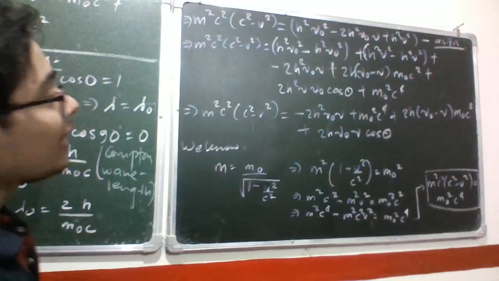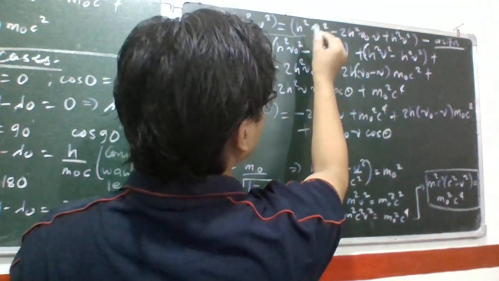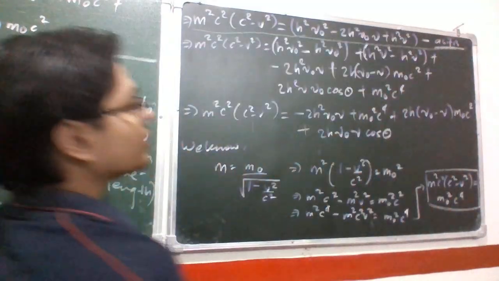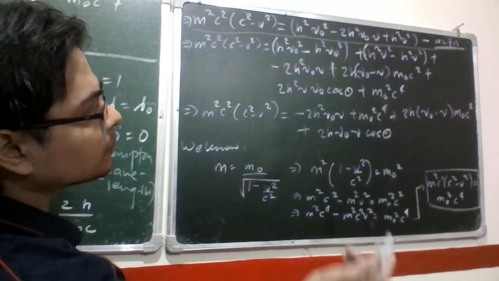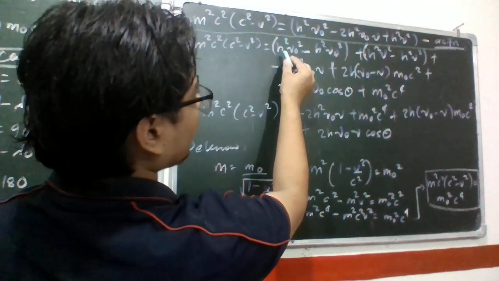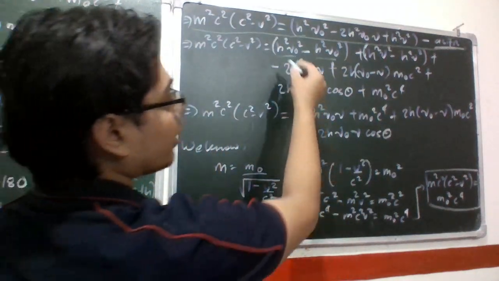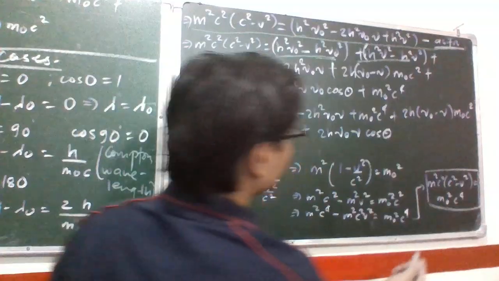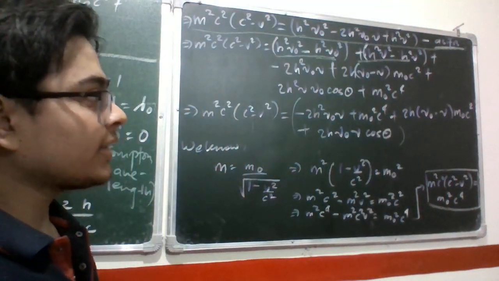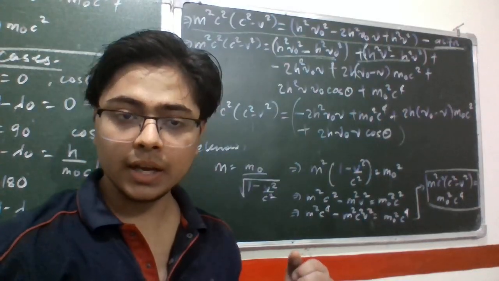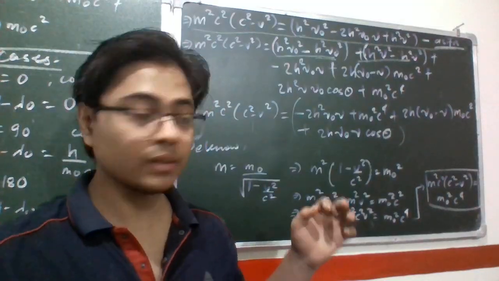Okay, so after this, we got this equation from the previous equation. Now, what we did here is we subtracted the similar terms, the same terms, and we got these terms to be 0, and we are left with these terms. It is easier for you to see and understand such derivations rather than me speaking each and every term.